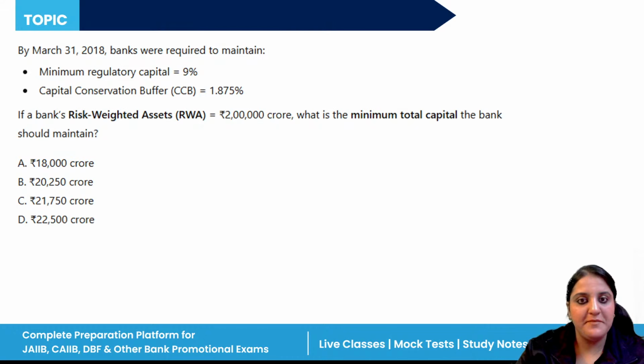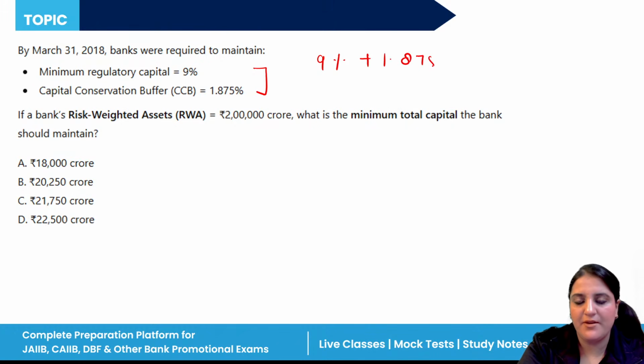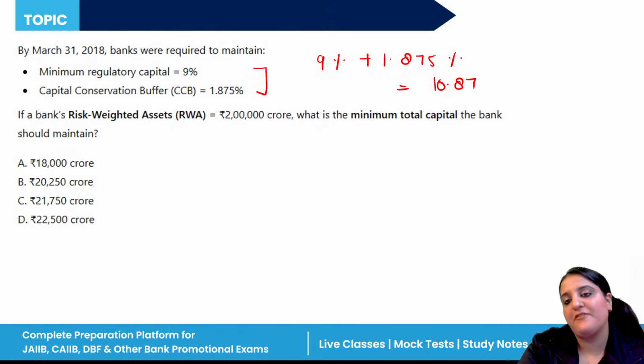We have to calculate minimum total capital, and minimum regulatory capital is 9%, right? And CCB is given, risk weight asset is given. So total capital requirement is just this, add 9% plus 1.875%, which is equal to 10.875%, right?